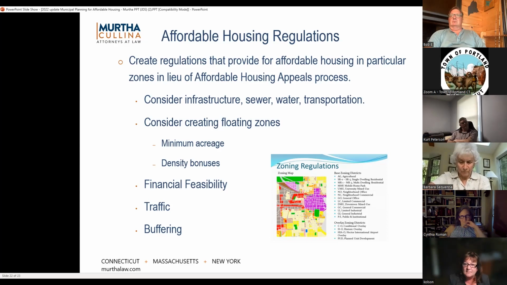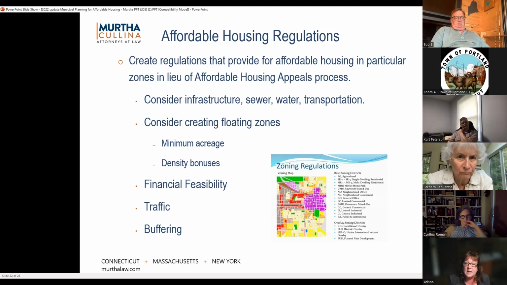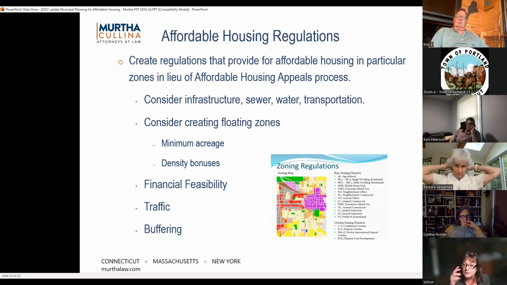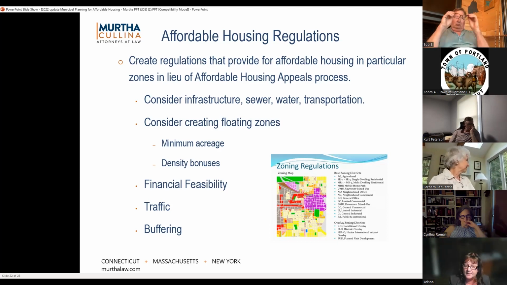Right? And again, with these types of regulations, you want to consider infrastructure, sewer, water, transportation, the areas where, if you create this affordable housing zone, and maybe it's a floating zone, right? That just requires a minimum acreage and gives you those density bonuses. And again, it allows you to some degree to have better control over traffic considerations, buffering considerations from abutting properties.